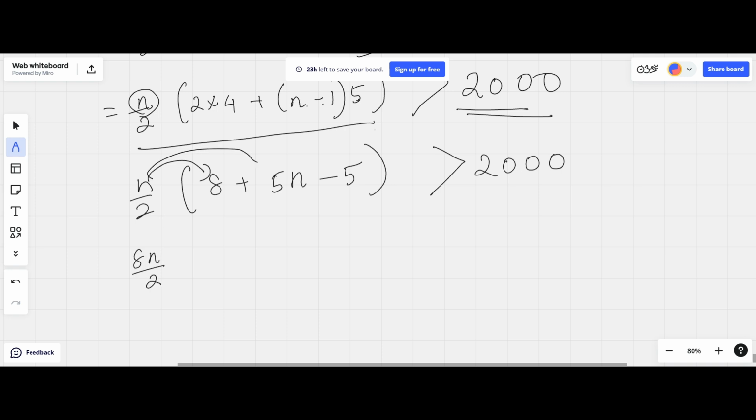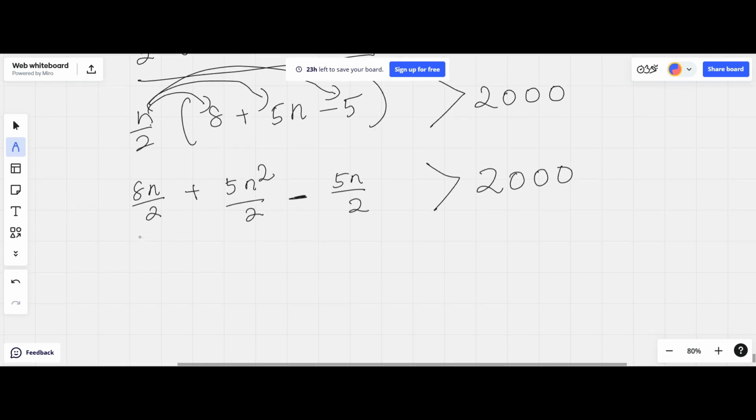Then n by 2 into 5n gives plus 5n squared by 2. Then minus n by 2 into 5, so minus 5n by 2. This needs to be greater than 2000.